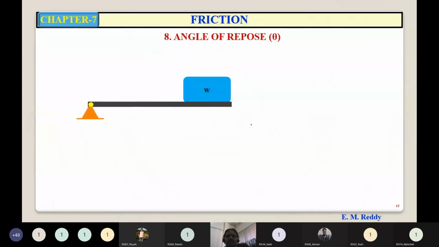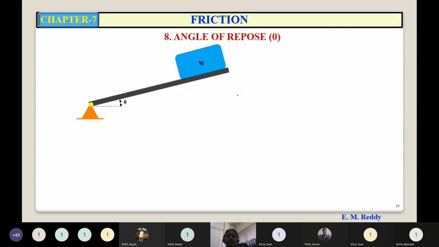Now angle of repose, that is theta. So here a body of weight W is kept on the horizontal platform, and this platform is hinged at one end. That means this platform can be rotated about this support. Suppose you are rotating the platform in anti-clockwise direction, then the tendency of this body to slide down the plane, slide down this platform will increase.